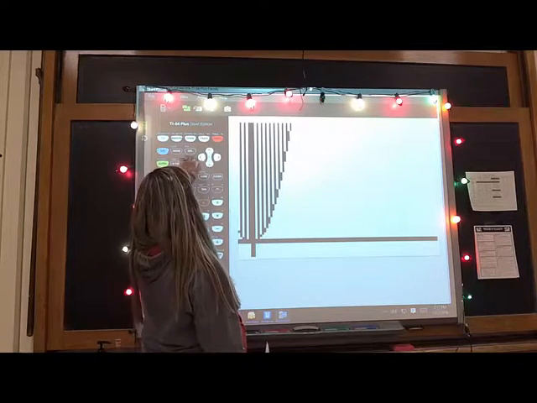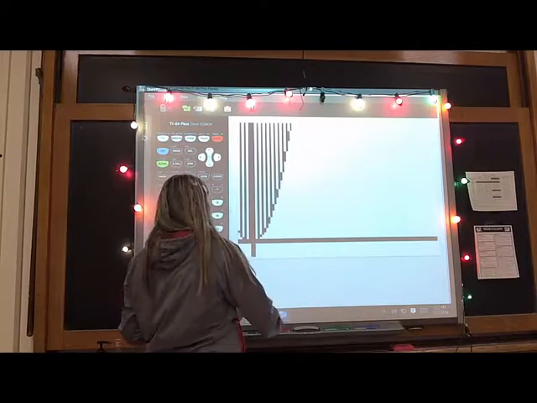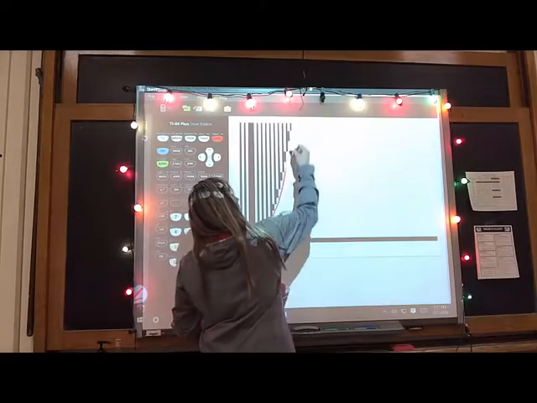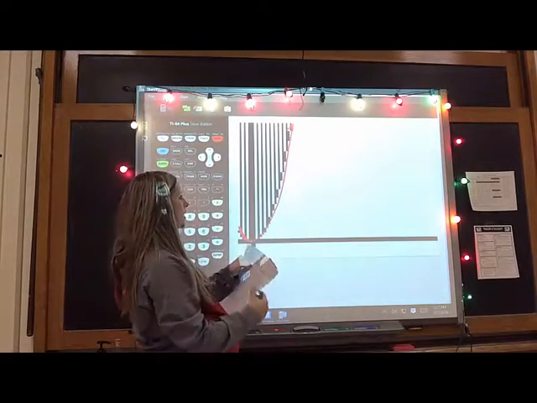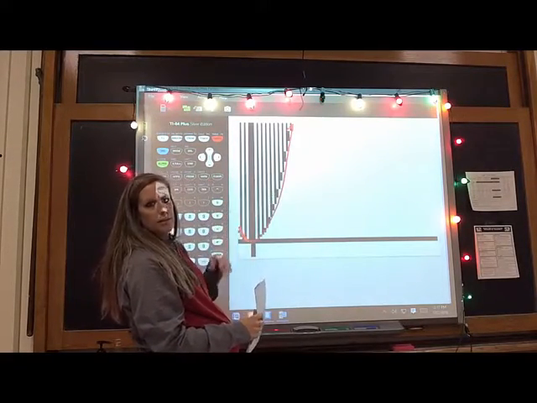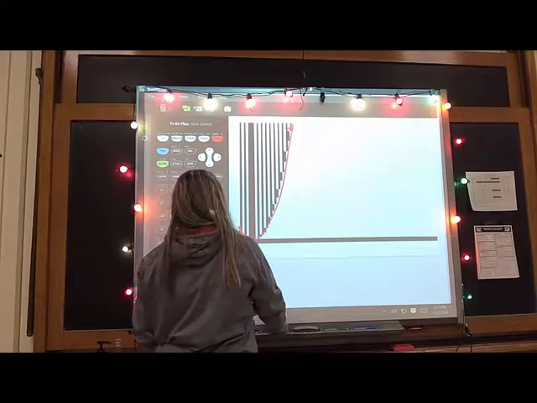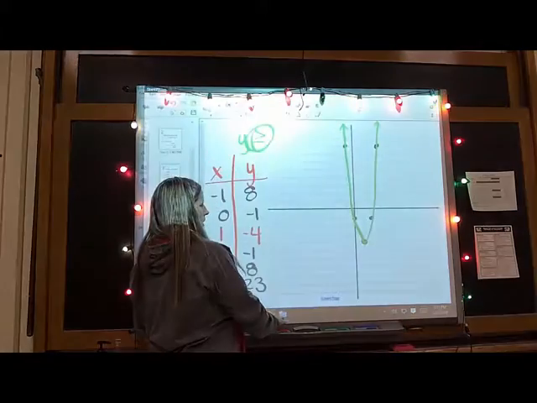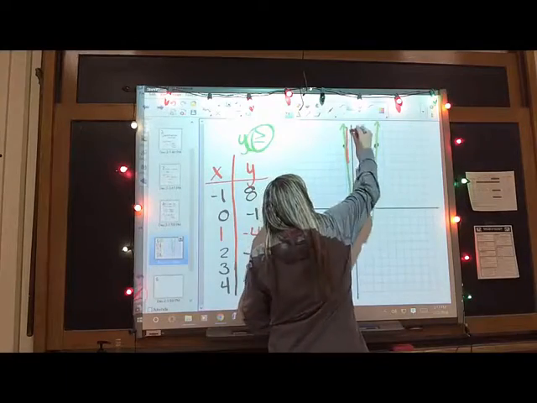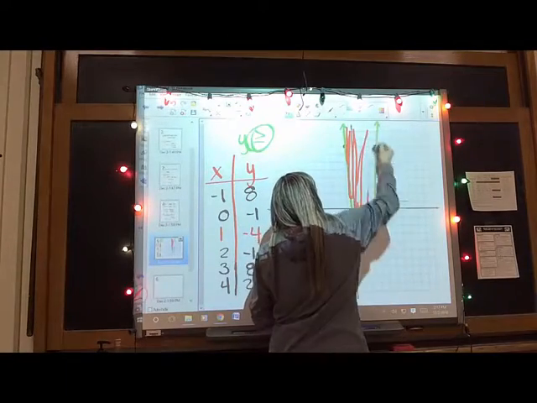And my zoom is a little off, but you can see this parabola here. Okay, it's shaded inside the parabola. Okay, so that's where I'm going to shade on my paper. I'm going to shade inside the parabola.